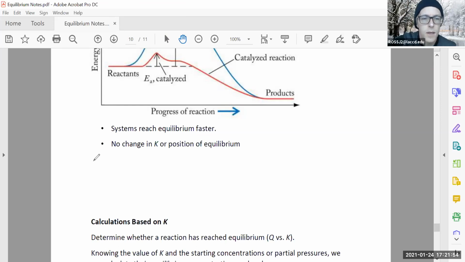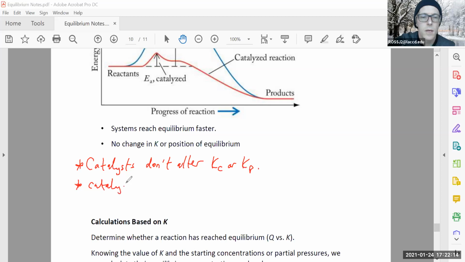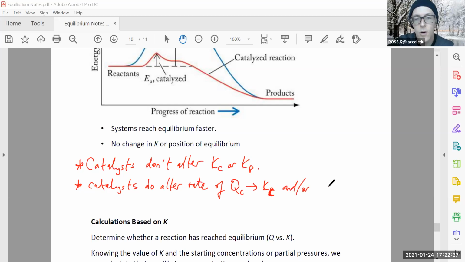So catalysts don't alter Kc or Kp. Catalysts do alter the rate of Qc going to Kc and/or Qp going to Kp.